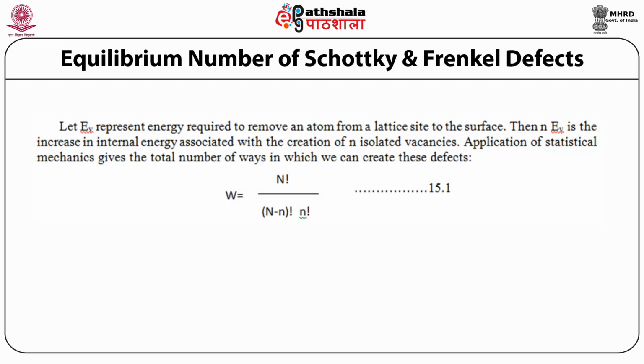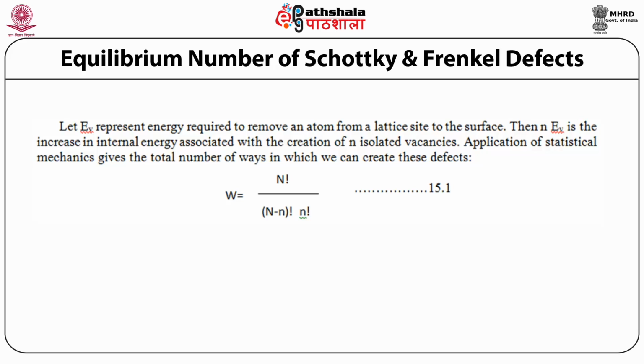Let capital EV represent energy required to remove an atom from a lattice site to the surface. Then nEV is the increase in internal energy associated with the creation of n isolated vacancies.